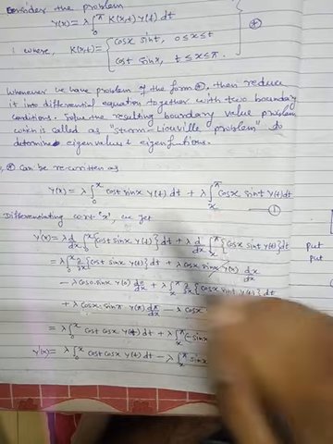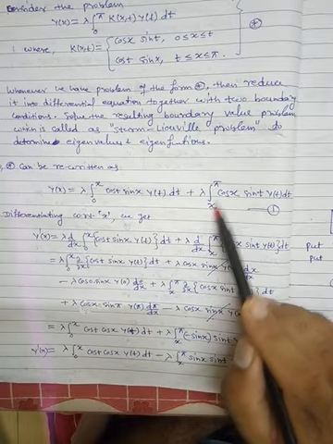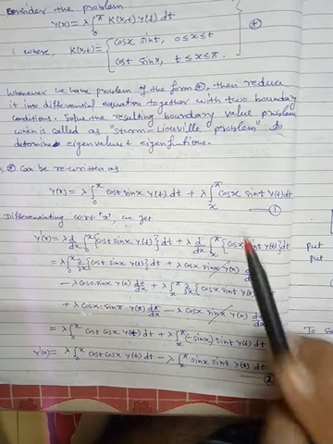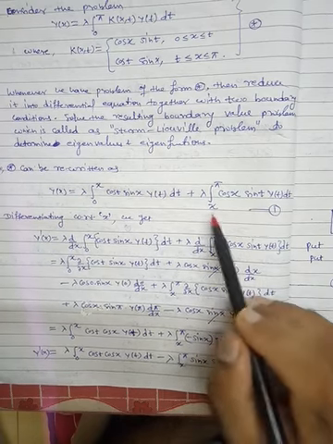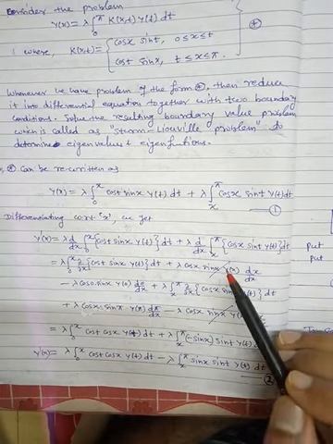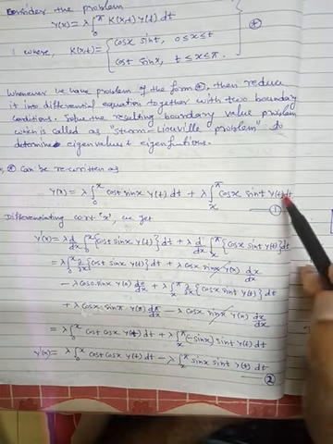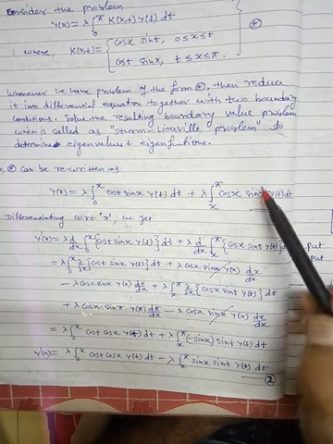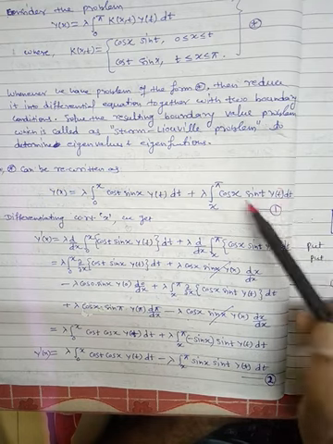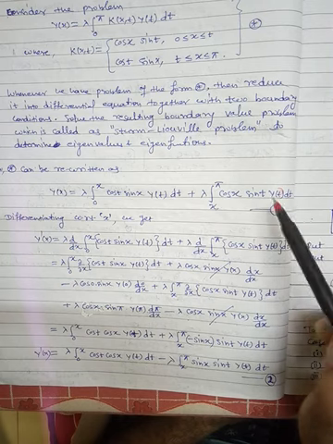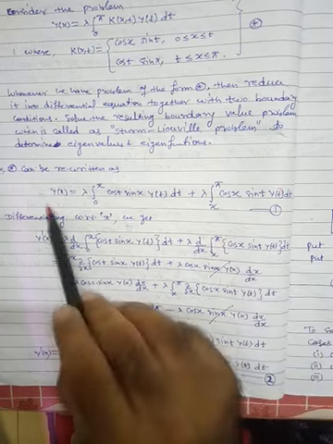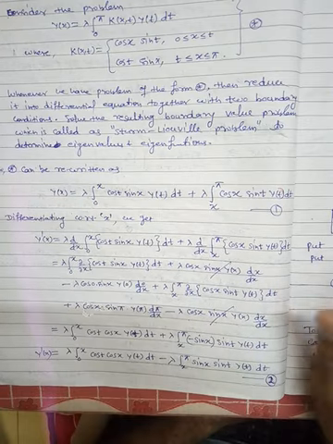Now put here y at 0. So this will be integral 0 to pi of cos 0, which is 1, sin t y(t). So when you substitute x equal to 0, then you have to evaluate this integral. But y is unknown, so this evaluation is not possible, because y is still unknown and y is involved in this integral. So it is not possible to find the integral. So y at 0 using this equation is not possible.